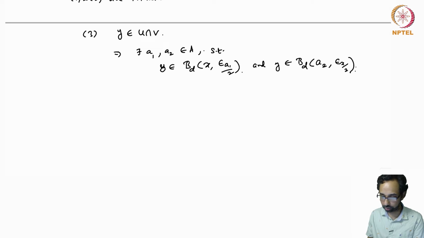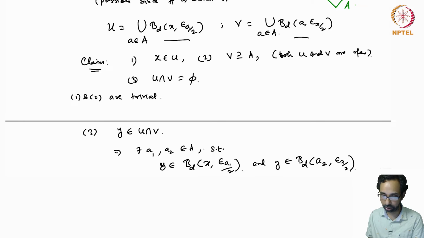So here actually the notation might be a bit confusing. So this radius epsilon_x also depends on the point a. So let me write epsilon_{a2,x} over 2.